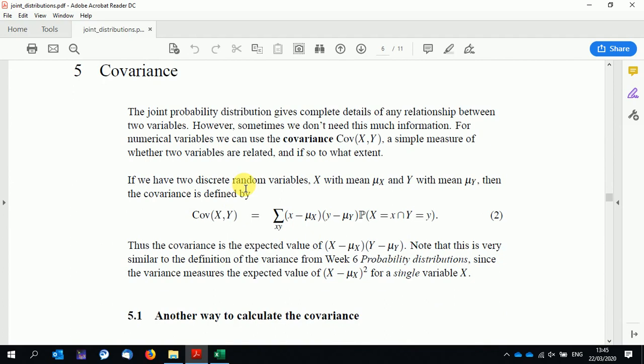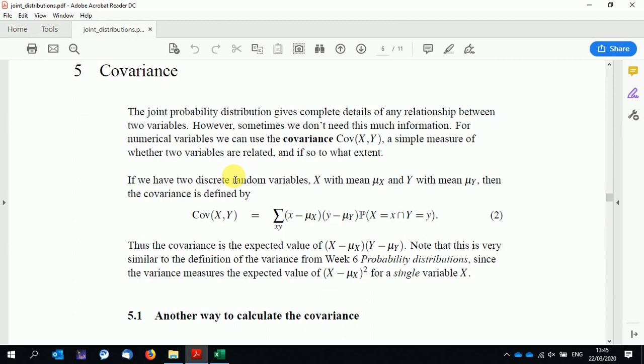Covariance, we've heard of variance for one set of data. Covariance is when we have two sets of data, in this case X and Y, and it's a measure of the relationship between X and Y. When I say measure of the relationship, I know you're thinking of the coefficient of correlation because that has been covered before.